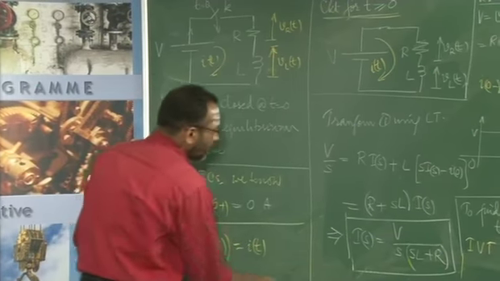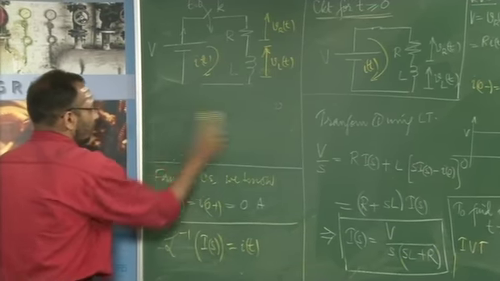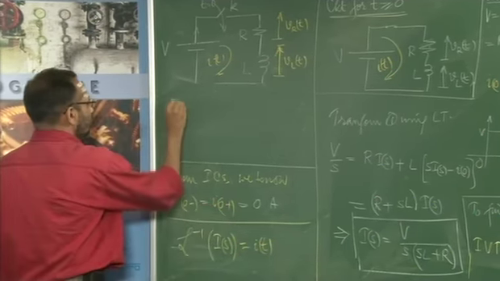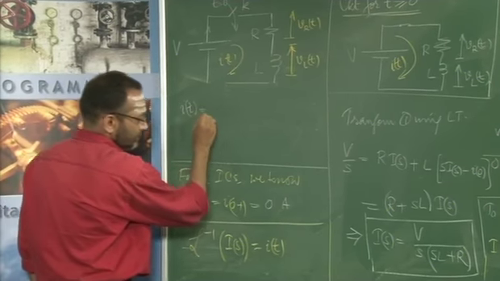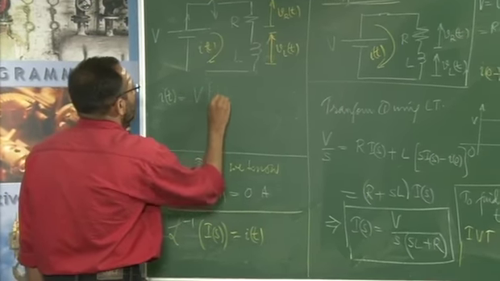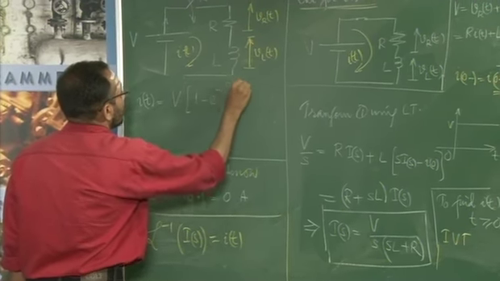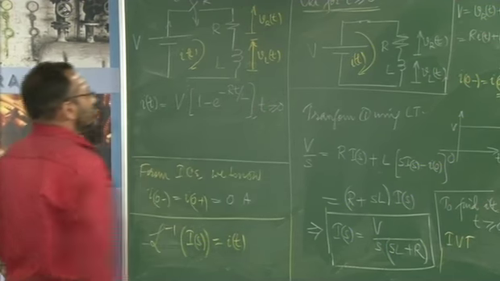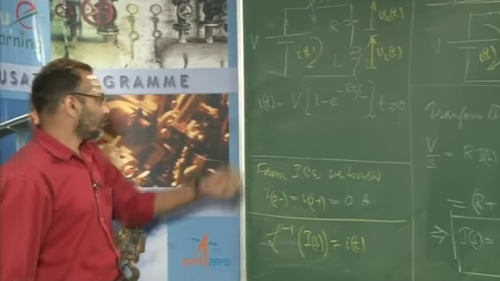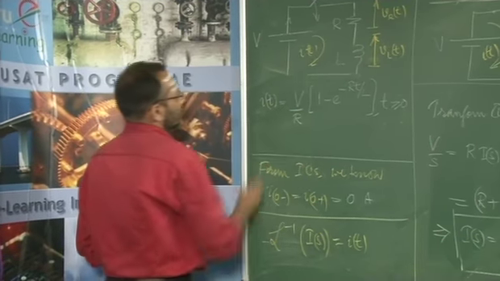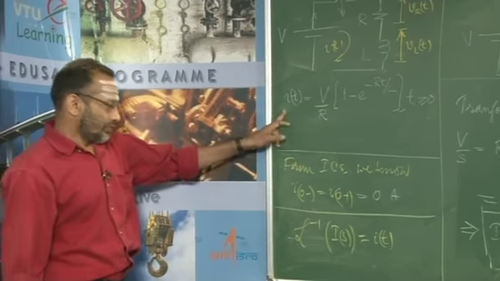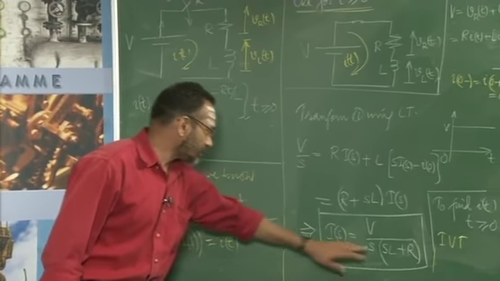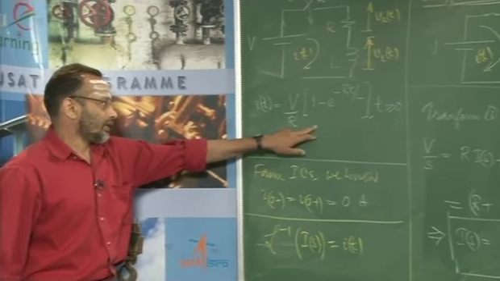And then you will see in the subsequent lectures, when you have problems like this, you can directly get I of t as V by R into 1 minus e to the power of minus Rt by L, for t greater than or equal to 0. This is the expression that you will get for I of t by directly using the partial fractions method and splitting this, and it is straightforward.